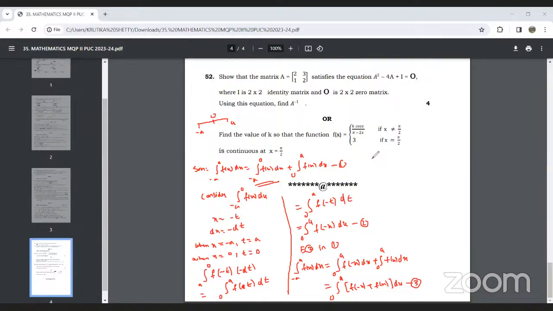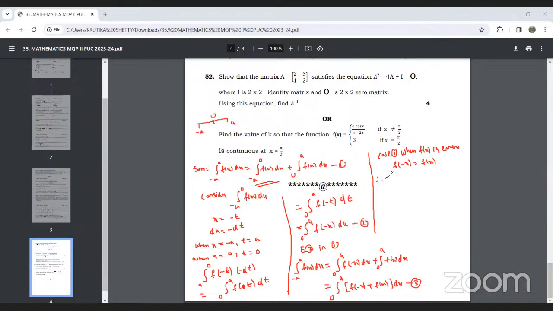Okay, so now we have two cases here, case 1 and case 2. So case 1, when f of x is even. When it is an even function, we know f of minus x is equal to f of x.